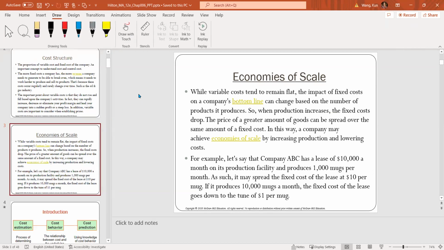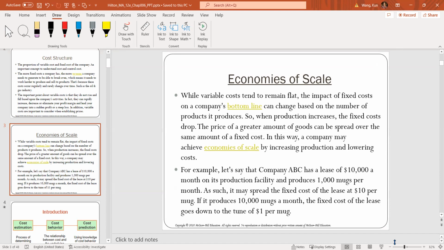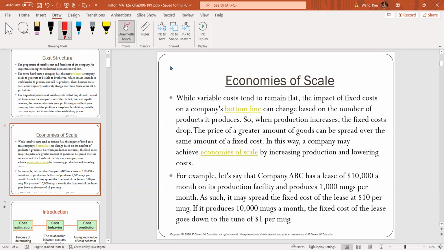If I quickly draw this. Let me merge this. If you recall, when we talked about cost behavior in chapter 2, the chart is easier to understand than words, because the variable cost per unit is a fixed number.